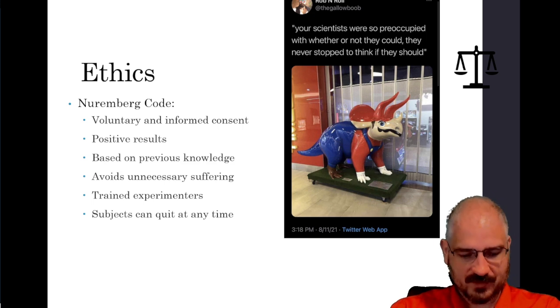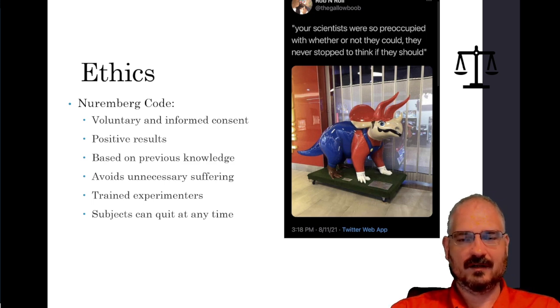You can't force people to volunteer or force people to participate in your research without consenting, and not just consenting, but informed consent. They have to know what they're getting into before they can actually give real, true consent, right?